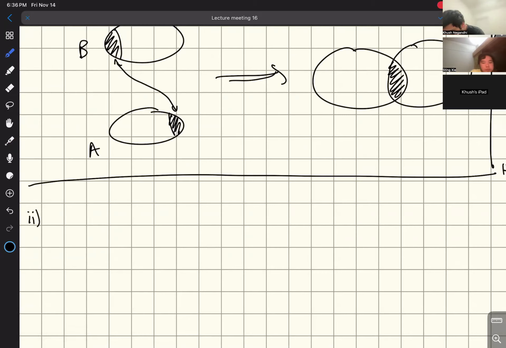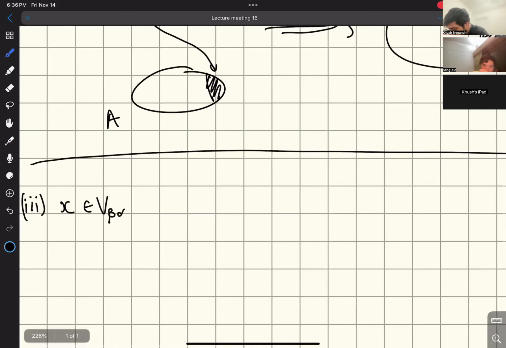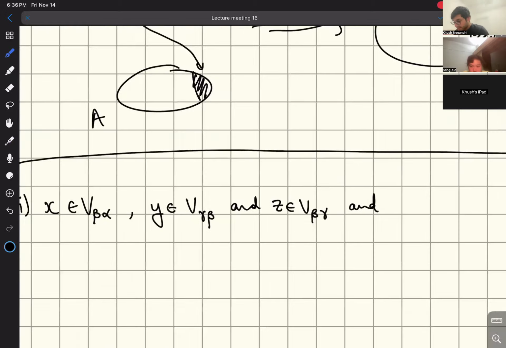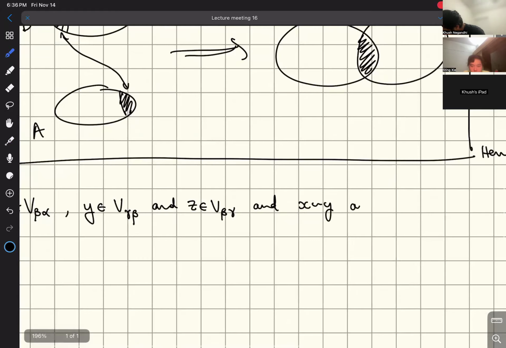So if x is in v beta alpha, y is in v gamma beta, and z is in v beta gamma, and x is equivalent to y and y is equivalent to z.